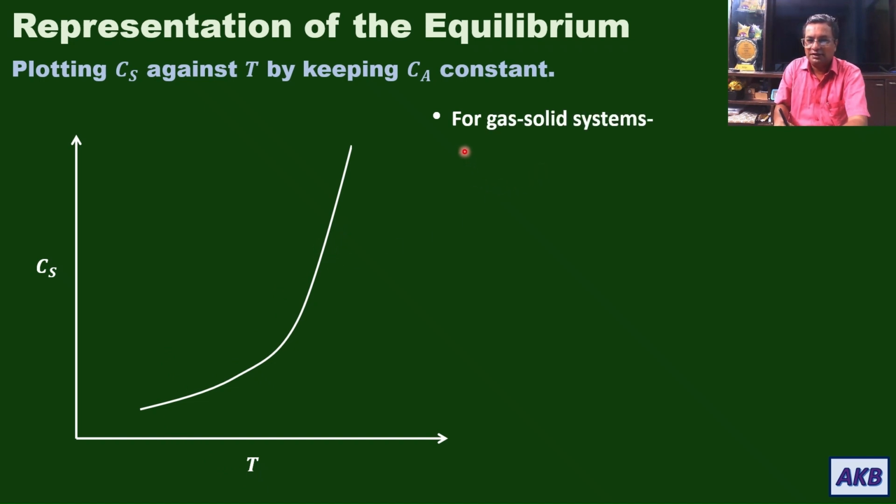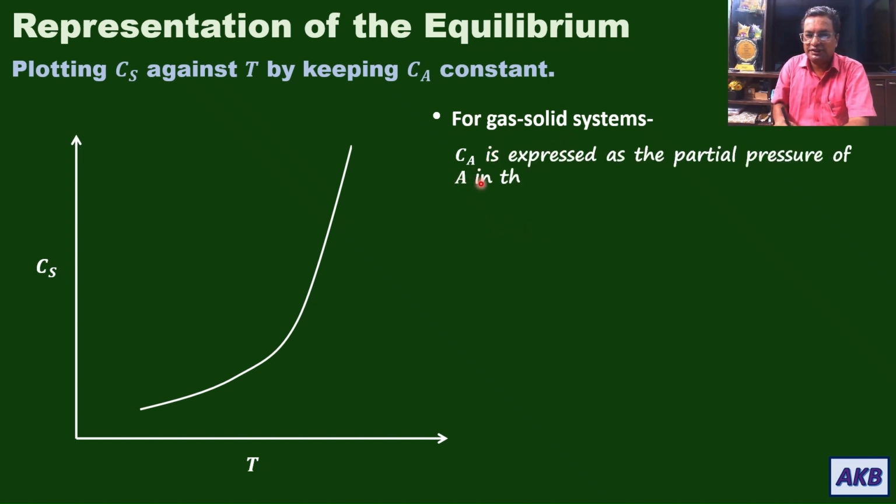And if you talk about gas solid systems, you can plot this curve easily for these systems. For gas solid systems, Ca, that is concentration of adsorbate in the fluid phase in the gas mixture, is expressed as partial pressure of A in the mixture.